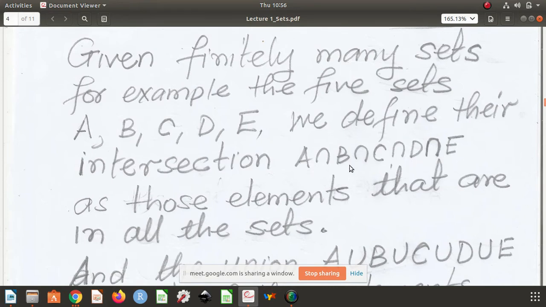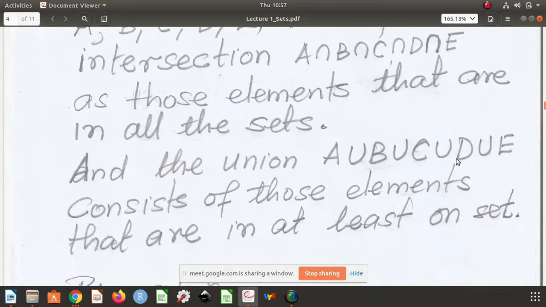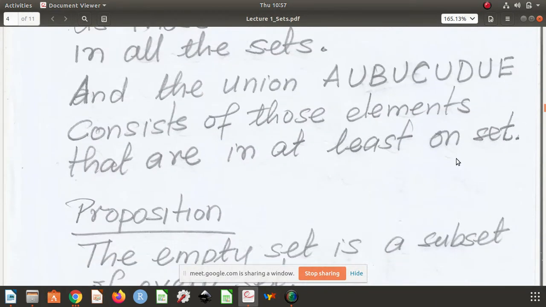So you go through the elements and find which one appears in every one of these 5 sets, and that element will be in the intersection of all the 5 sets. So you can extend this intersection to more than 2, to as many as you wish, even an infinite number. The same you can do for the union. You can extend the idea to the union of more than 2.